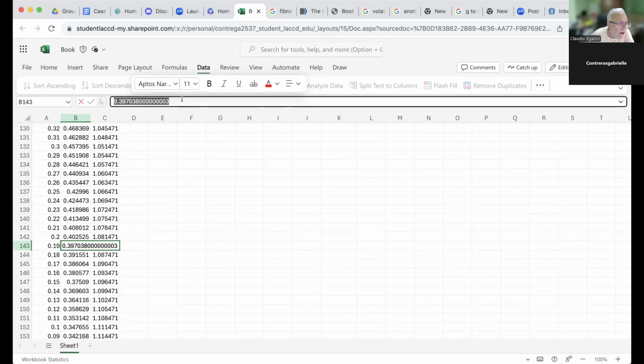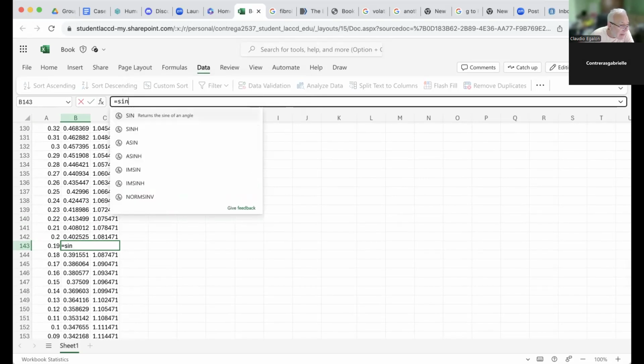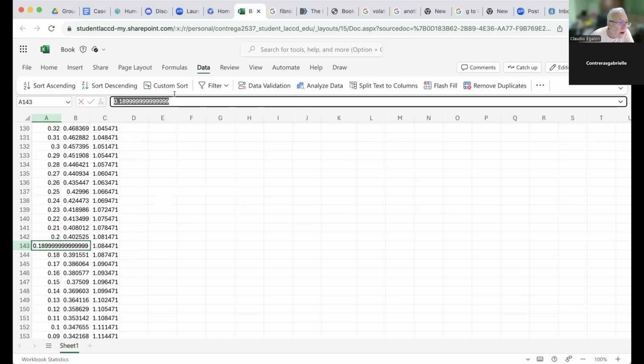Equal sine. Oh, it's not sine of x. Open parenthesis, sine of 0.19. Click 0.19. No, you've got to open the parenthesis, right? Sine, open parenthesis. Erase that.